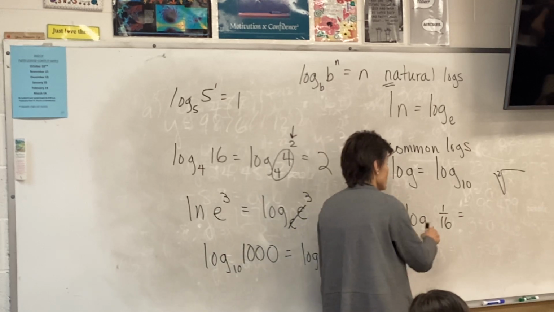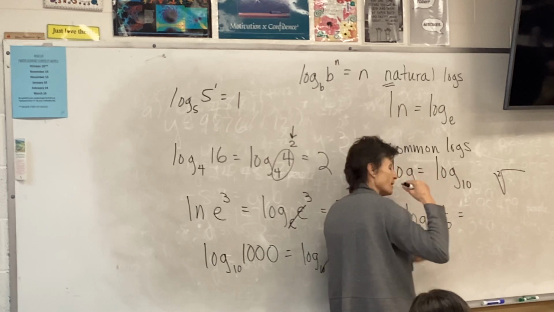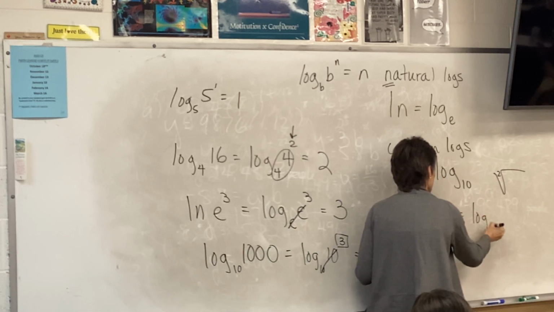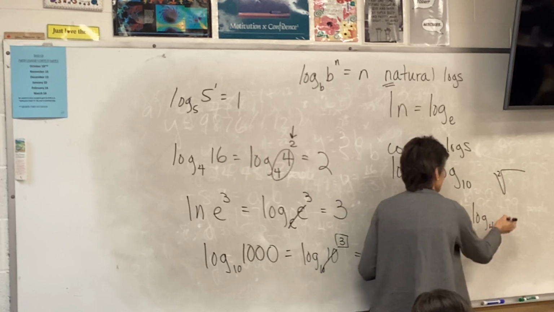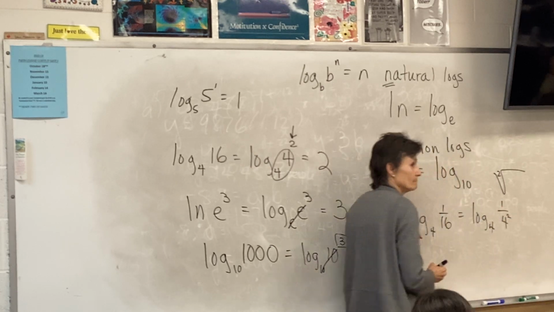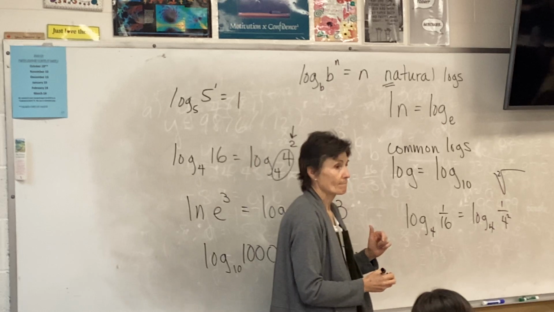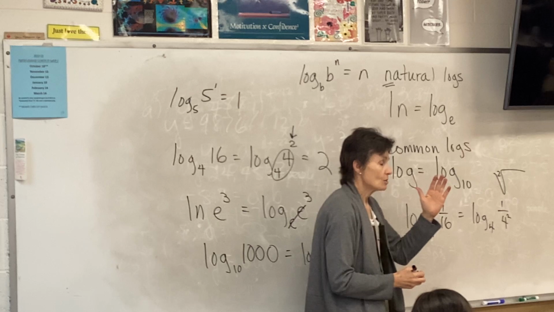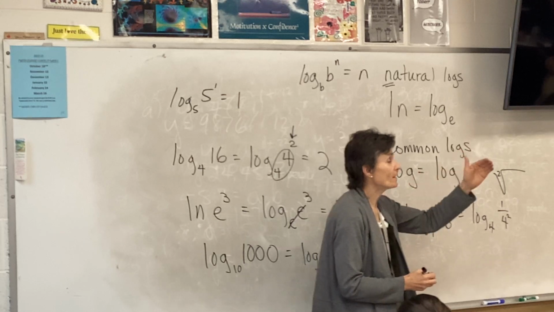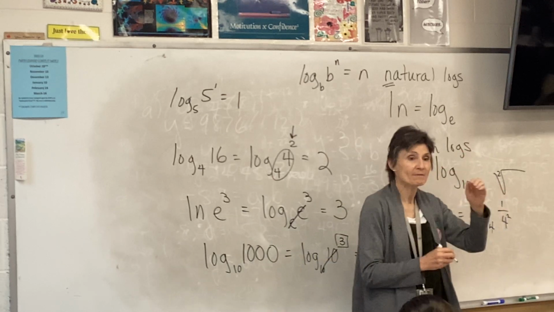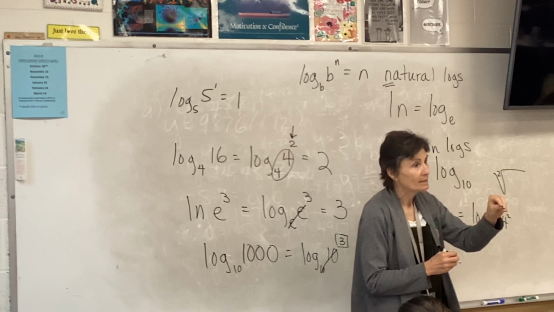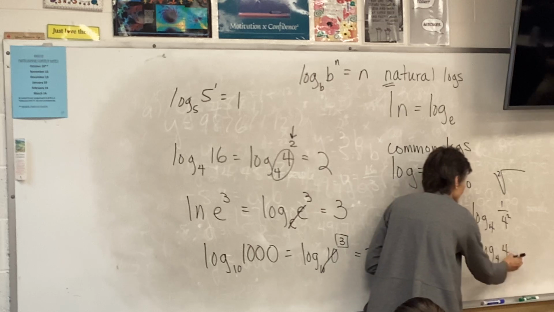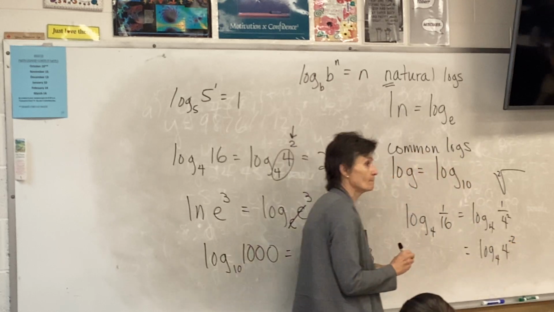So he said, and you process this however you process it, 16 is 4 squared. I can't have that 1 over thing in there. But I know that 1 over is a result of having what kind of an exponent? Negative. So this is the log base 4 of 4 to the negative second.